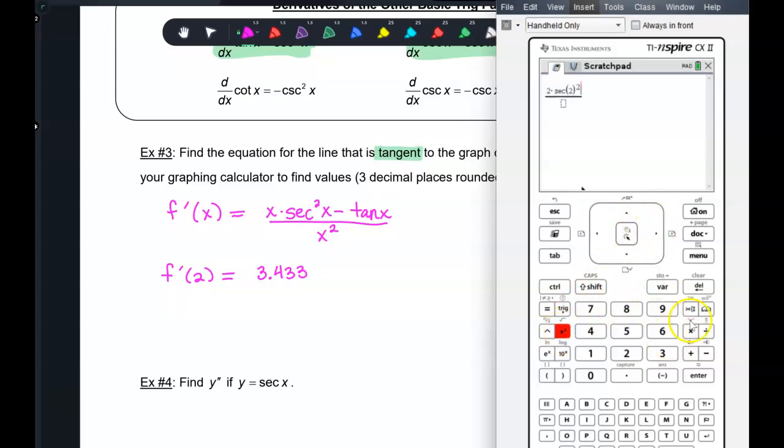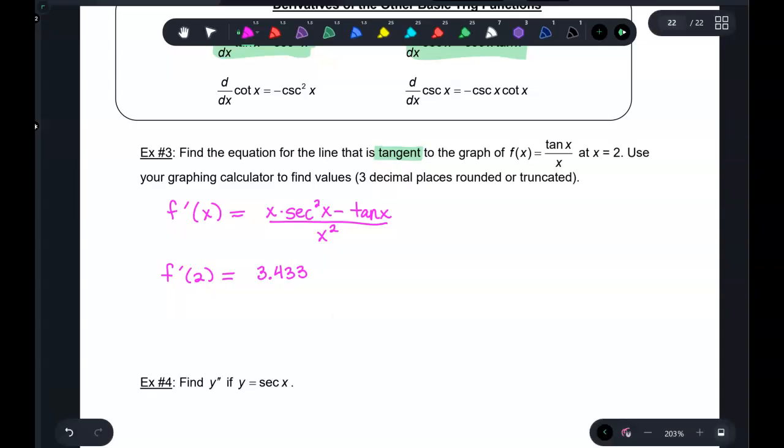I'm just going to type it in so that we can confirm that we did the derivative correctly here. 3.433. Always 3 decimals.